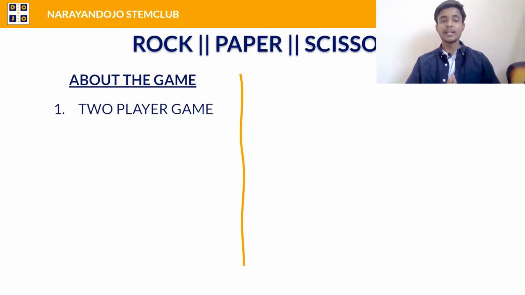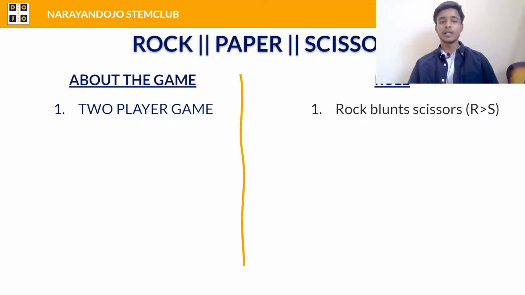This is a two-player game, and in this game, you can give three types of input: either rock, paper, or scissor. And in Python, we will give rock with the key R, scissor with the key S, and paper with the key P.